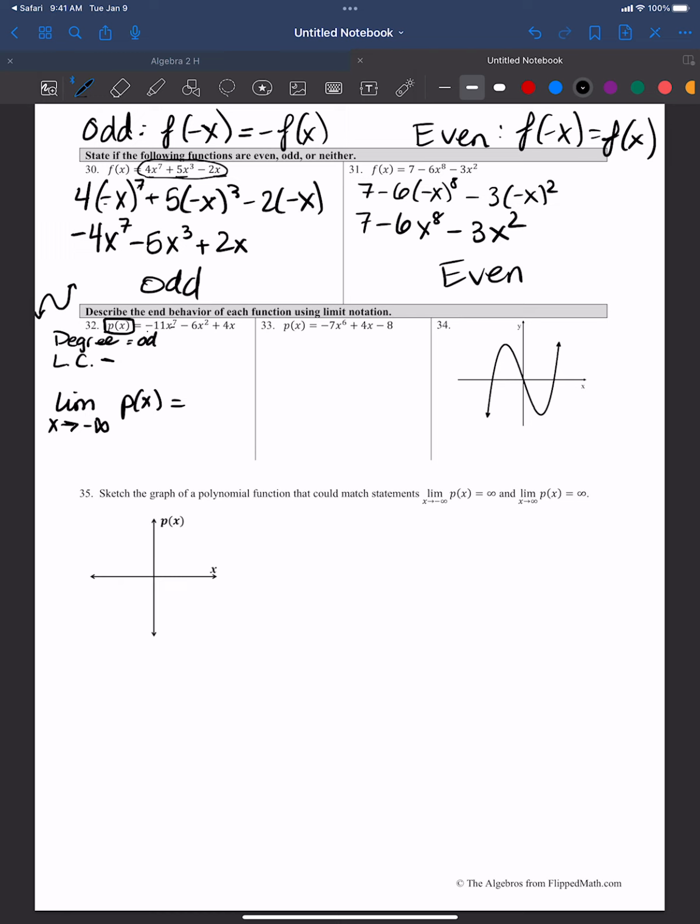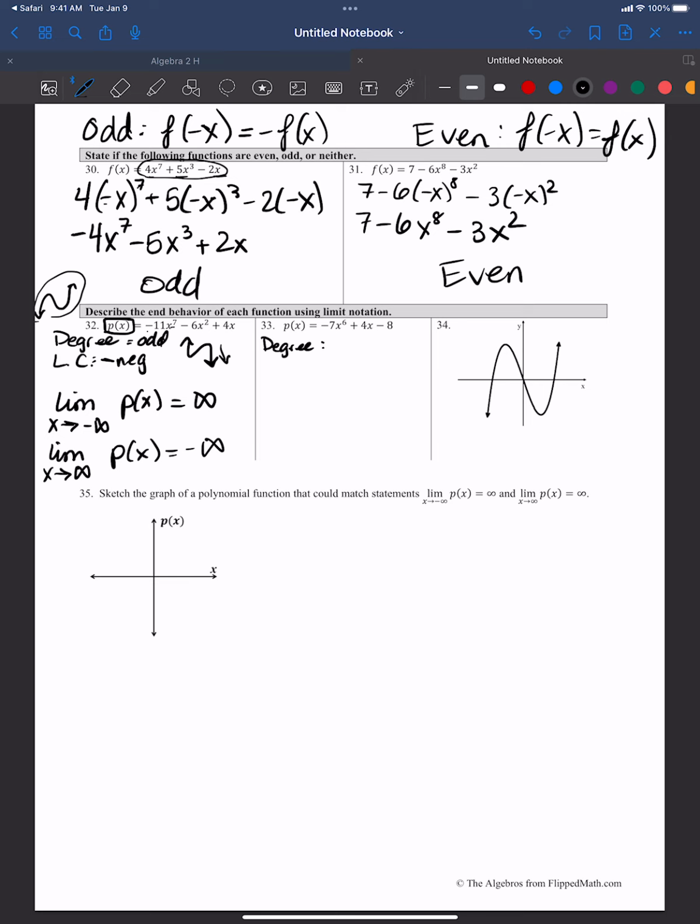So this is odd, this is negative. So rather than the regular, I'm going to actually flip it so that it looks like this. Meaning that as I am approaching negative infinity, my y is now approaching positive infinity. And the limit as x approaches positive infinity, p of x is approaching now the negatives. So negative infinity.